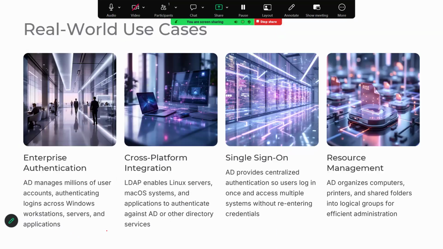Now, some real-world use cases would be enterprise authentication, cross-platform integration, single sign-on, resource management. So enterprise authentication, where Active Directory manages millions of user accounts, authenticating logins across Windows workstations, servers, and applications. Cross-platform integration, where LDAP enables Linux servers, macOS systems, applications to authenticate against Active Directory or other directory services.